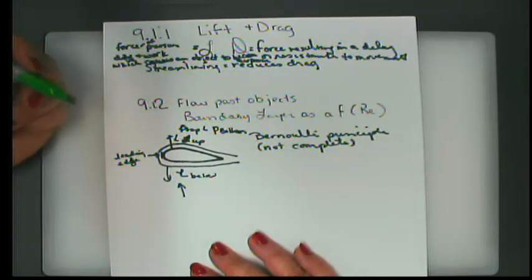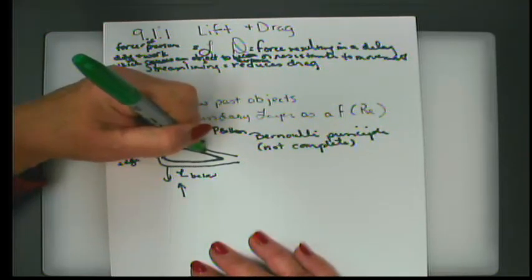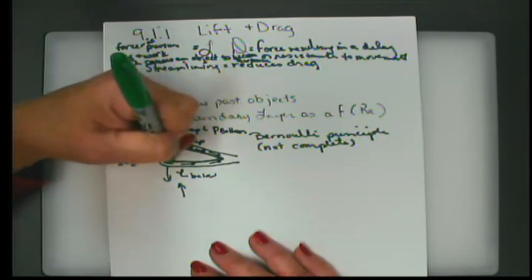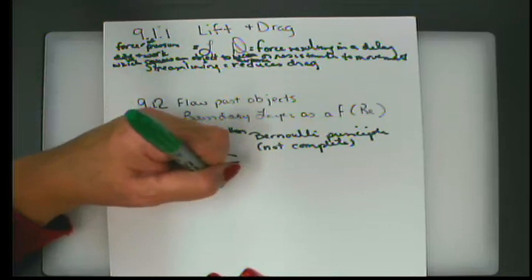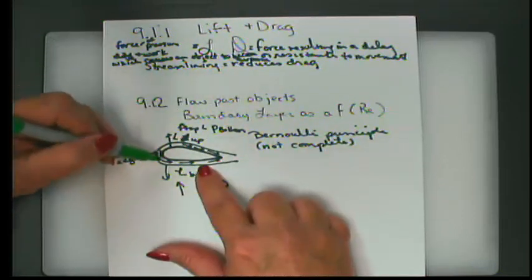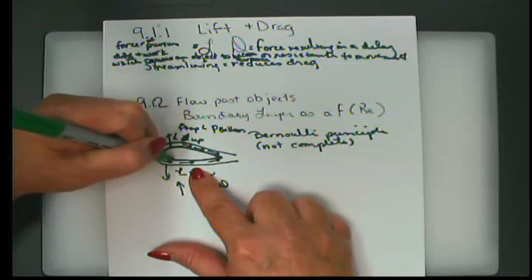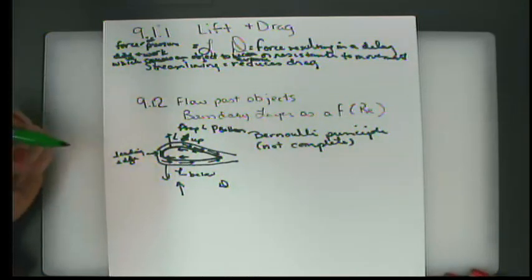Now drag, on the other hand, is found when this air has viscous forces, and there's a viscous effect around the wing, and what ends up happening is that this air passing here creates a shearing stress along the edge of the wing that acts as a frictional retardant to motion.